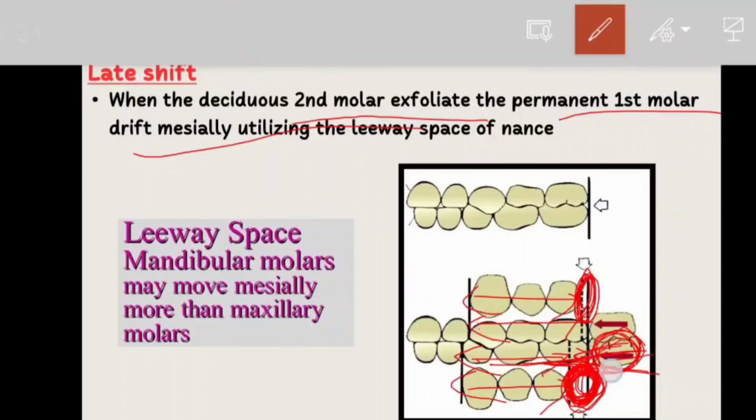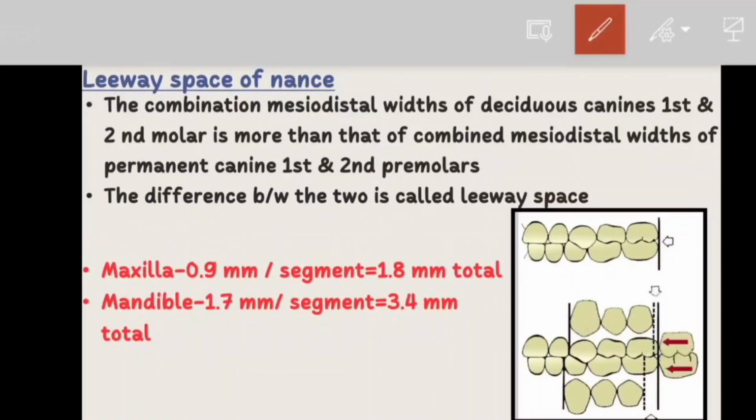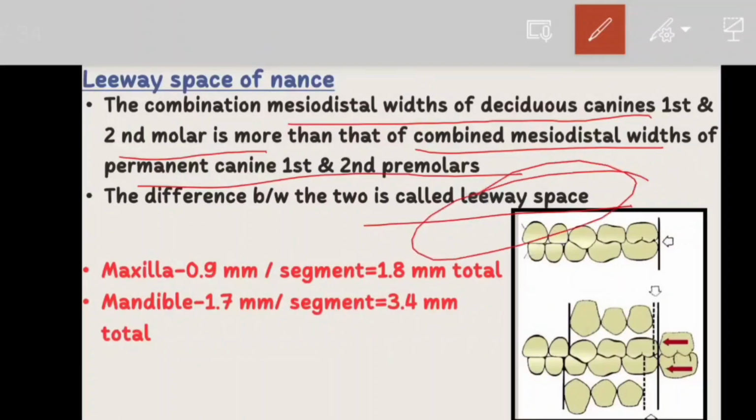The first permanent molar uses this space and shifts forward, causing the class 1 relation. The leeway space of Nance is the combined mesiodistal width of the deciduous canine and first and second molars, which is more than the combined mesiodistal width of the permanent canine and first and second premolars. The difference between the two is called the leeway space.